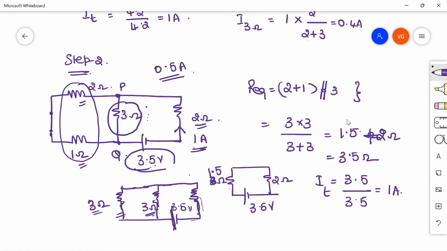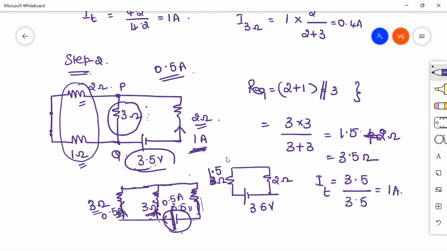So the current that is coming from here, that is 3.5 volt source, is 1 ampere. So the 1 ampere is divided between these two 3 ohm resistances, right? So obviously if the current is divided between two equal resistances, it will be half and half. So this 1 ampere is divided as 0.5 ampere and 0.5 ampere.